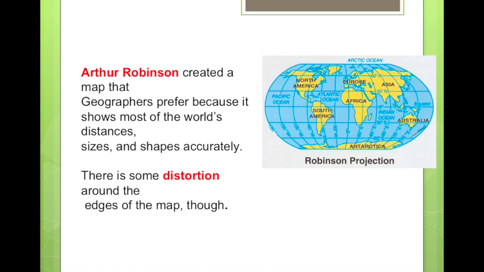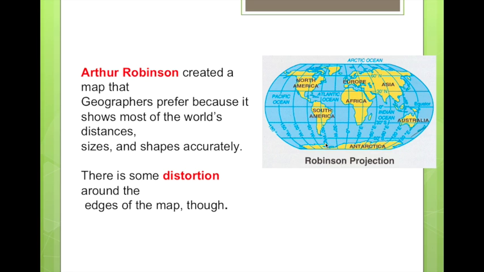Now, here is the Robinson projection. The Robinson projection is the best one. This is used by the National Geographic. It's created because it shows the world's distances, sizes, and shapes accurately. But there is some distortion around the poles and the edges.